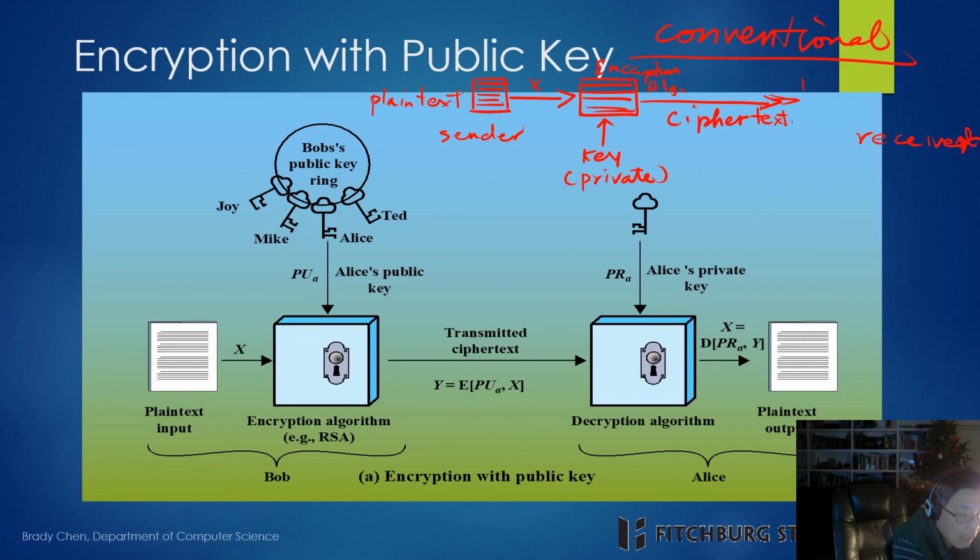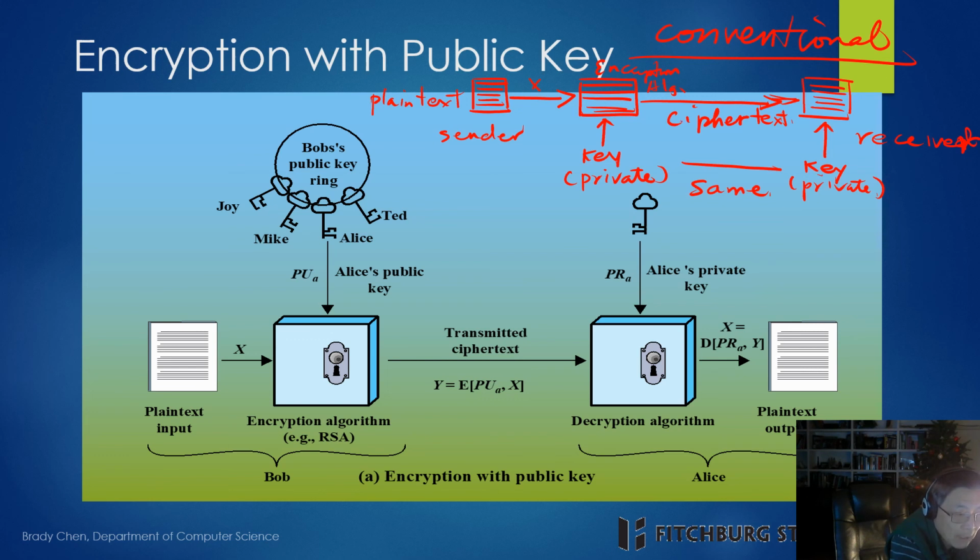Now, on the receiving side, the receiver also uses a key, and it's a private key. In this conventional or symmetric system, the key used by the sender and receiver is the same key. So on the receiving side, you have a ciphertext and also the private key.